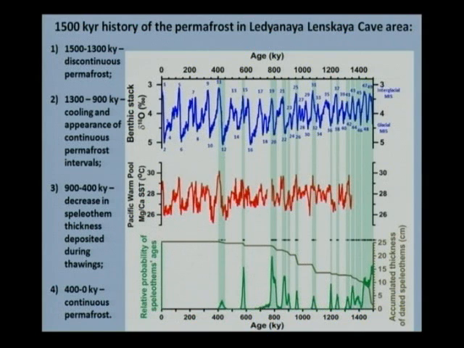This is Pacific whirlpool temperature changes in SST, sea surface temperature, reflecting the mean Earth temperature. Now here, these are our ages from the cave, and this is actually a function of how many ages we have. But what is important in this is this curve.